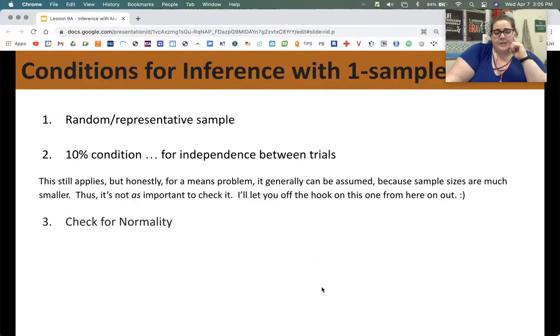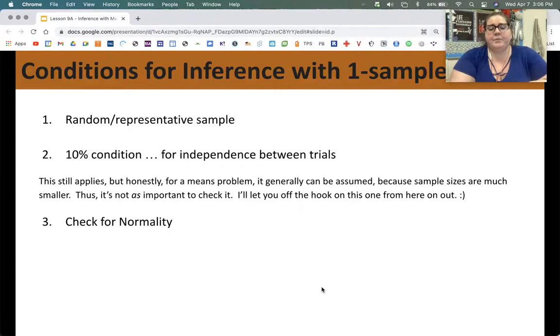So then our third condition is what checks for normality. With proportions problems, the way we checked that is that whole success-failure or np, nq being greater than or equal to 10. For a means problem, it's not the same condition, mainly because there's no p. We don't have a proportion or a probability for a means problem because it's not that type of data. So we can't really check it the same way.